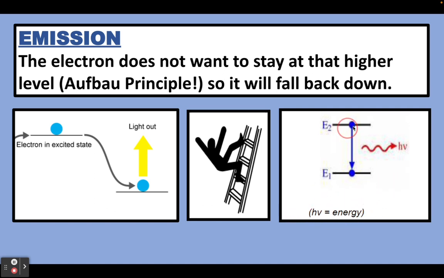But the thing to keep in mind is that the energy difference between the two energy levels is the same as the energy in the light that's being released. So if you want to know how big the gap is between energy levels, you measure the energy of the light, and you'll know how much of a gap the electron transitioned through.